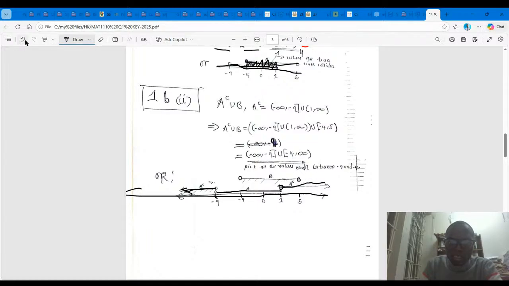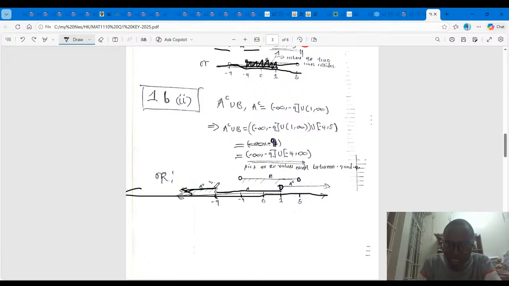Okay, so you be careful picking A complement because you know A is starting from -9 to 1, where -9 is not included but 1 is included. So you better know how to, if 1 was included in A, then it should not be included in A complement.